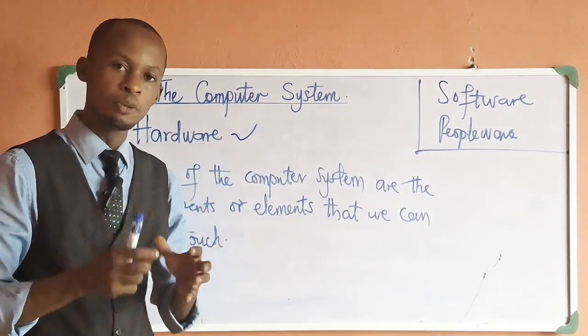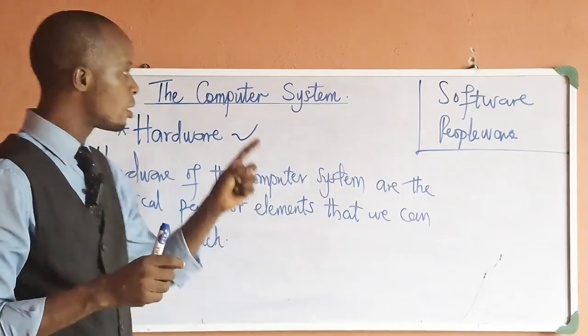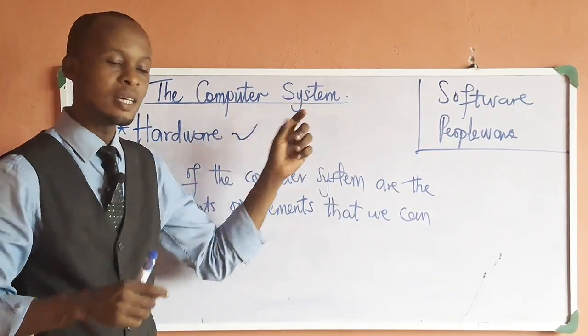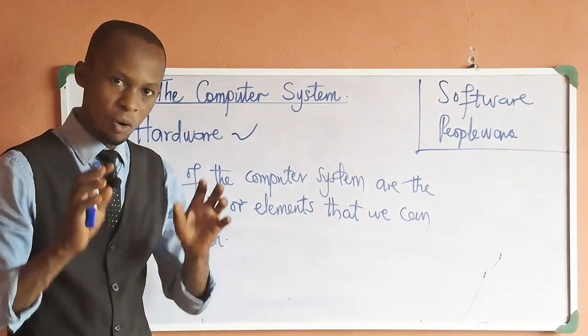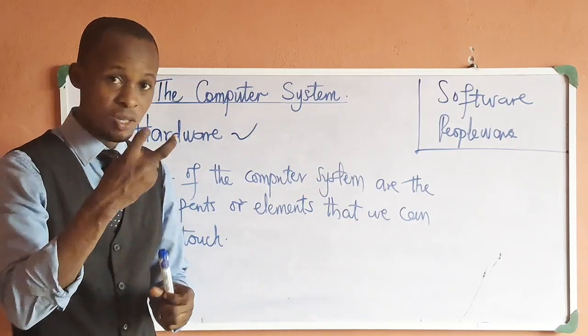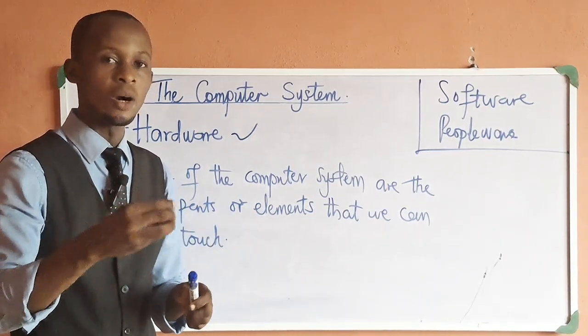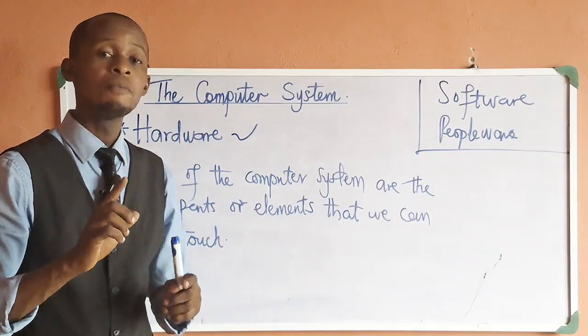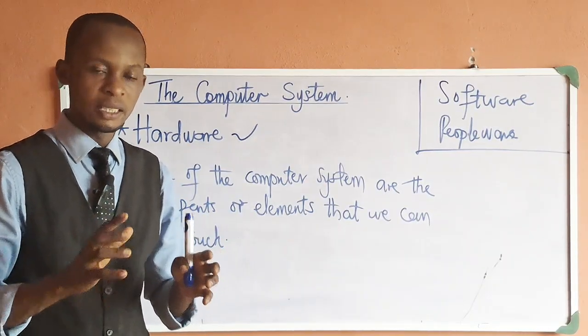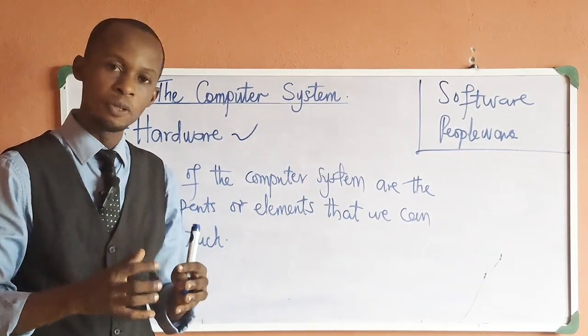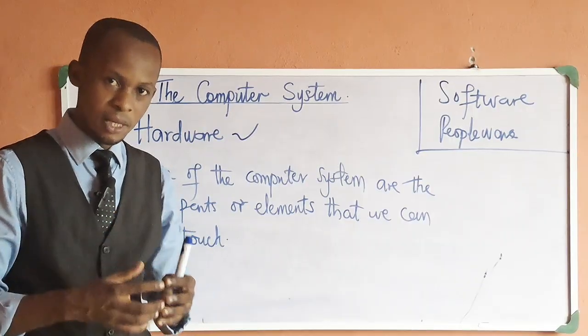The hardware components are the parts of the computer system that we can see with our eyes physically and touch with our hands. They are very important, very vital components of the computer system.